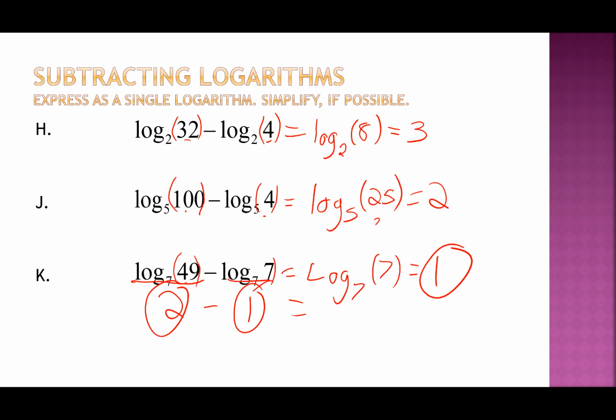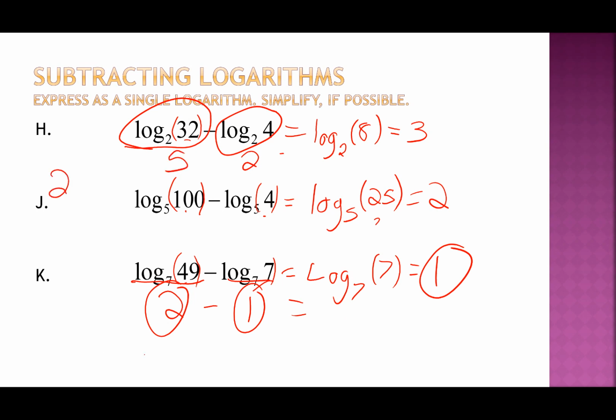And you can actually see that in H as well. We can do this one in our head. This one is 6, right here, the log base 2 of 32, because 2 to the 6th power is 32. So this logarithm is just 6. We know this because 2 to what power equals 4? Well, it's 2 to the second power, so I know that this is equal to 2. Oh, I'm sorry, this is 5, by the way. I messed that up.